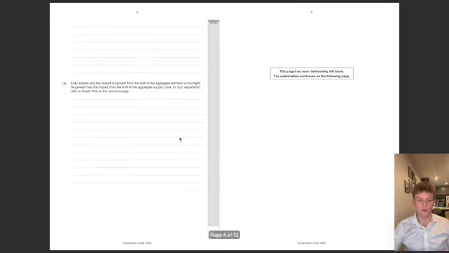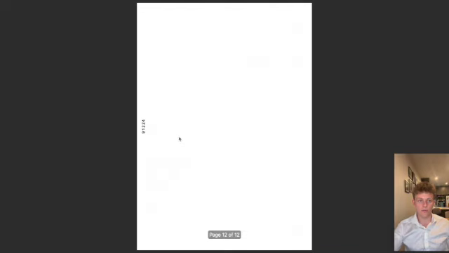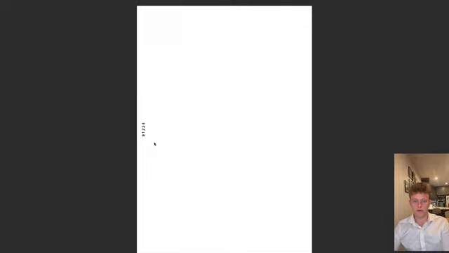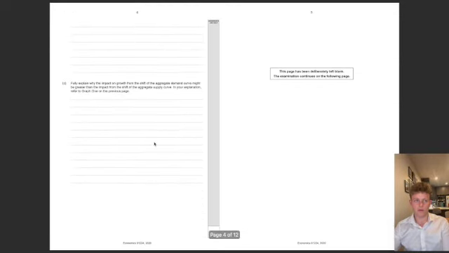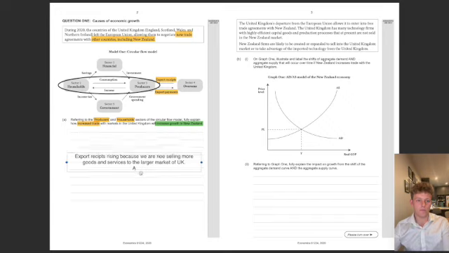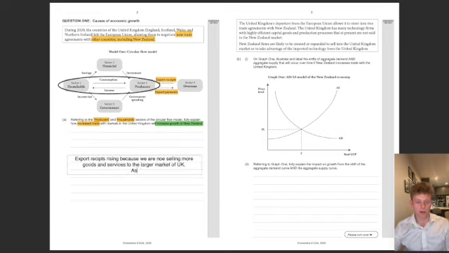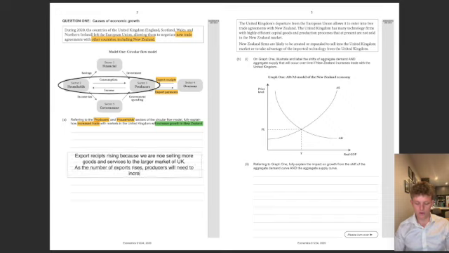As the number of exports rises, producers will need to increase output, because obviously we need to produce more goods.